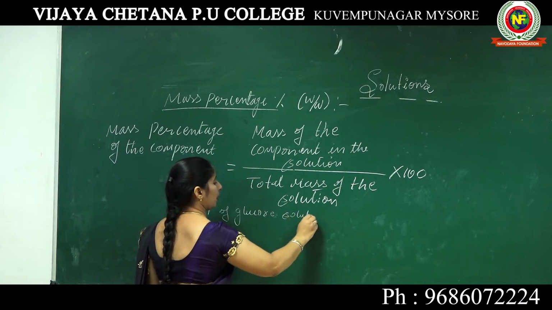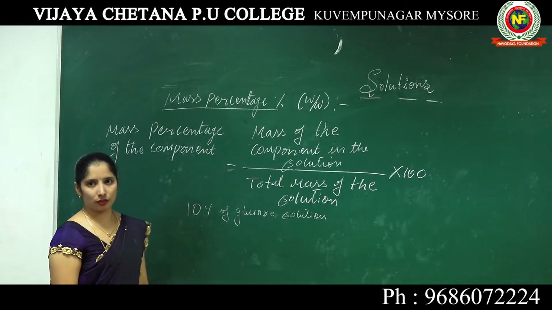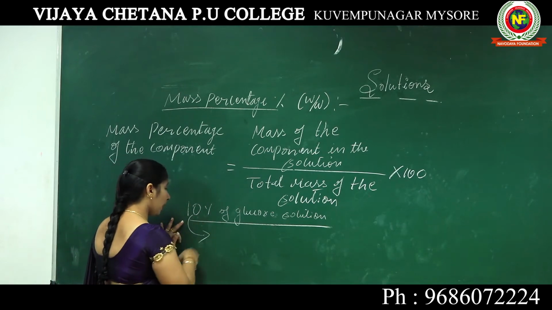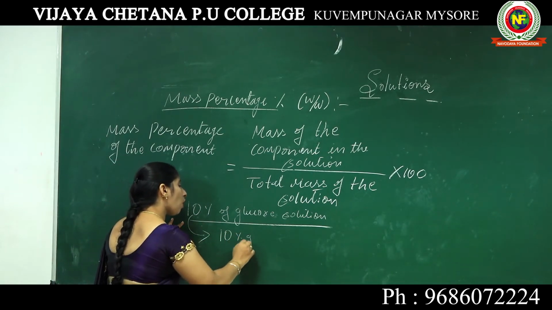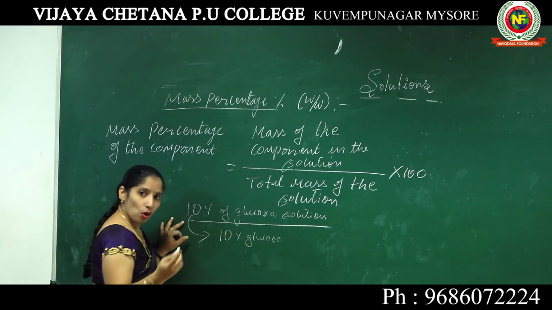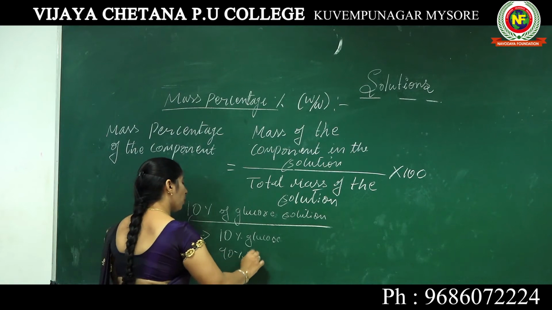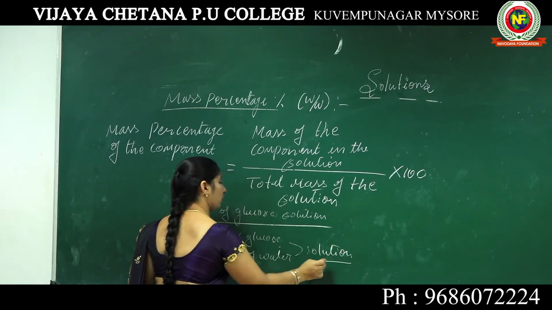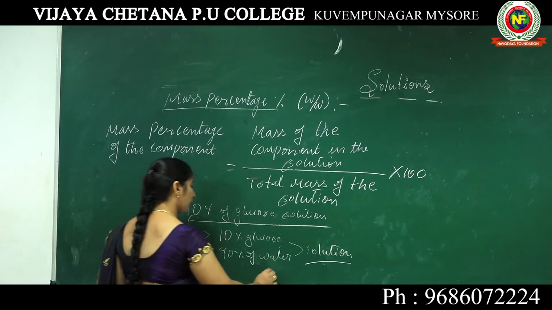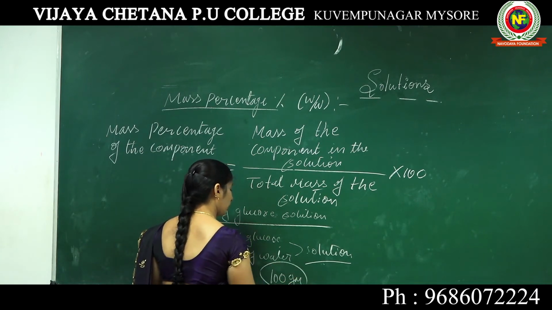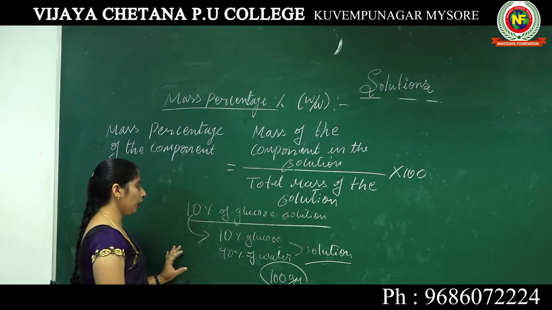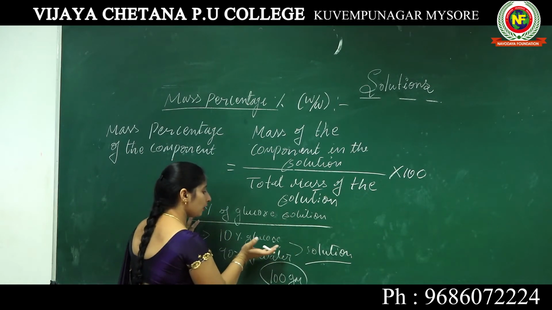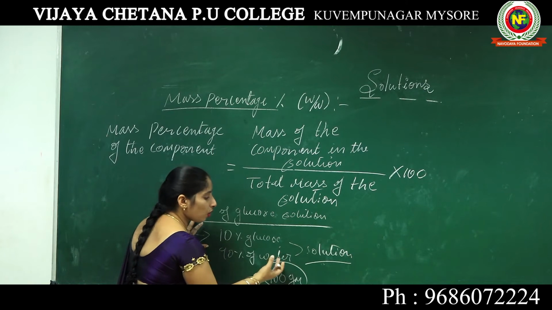Here, 10% is glucose, which dissolves in 90% water, and together this comprises the solution: 100 grams in total.